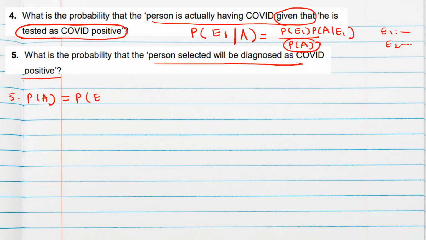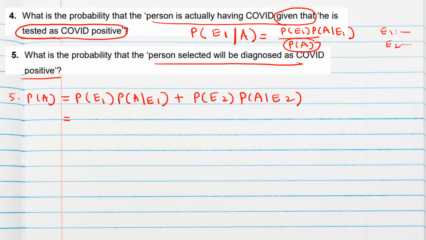Maybe person is having COVID and got the result positive. This is the first case. Having COVID means we'll select by P of E1 and got the COVID positive result, or maybe free from COVID and got the result positive. So all these probabilities we have.